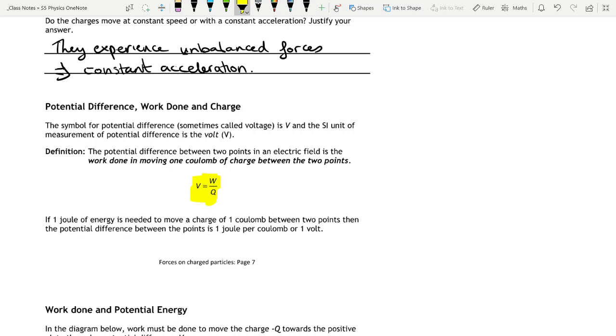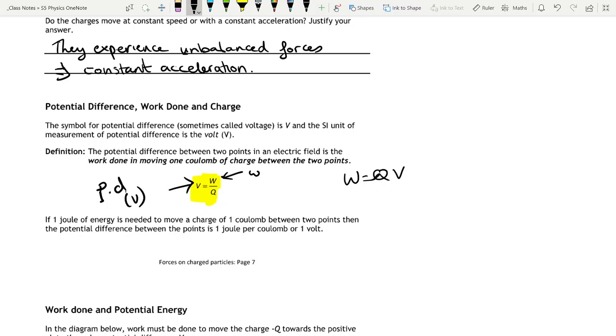You probably saw it written down as W equals QV. Okay, but that's written down that way just because it's giving you a definition. So it's the work done moving 1 coulomb of charge between 2 points. So as I said, you probably will see it more written like that, W equals QV. Okay, where V is your potential difference, PD, or voltage, in volts.